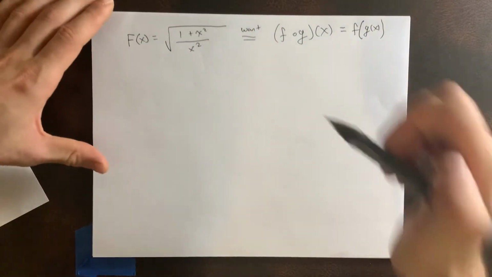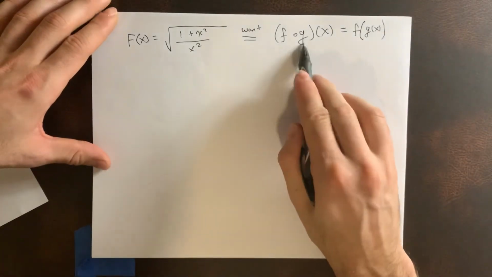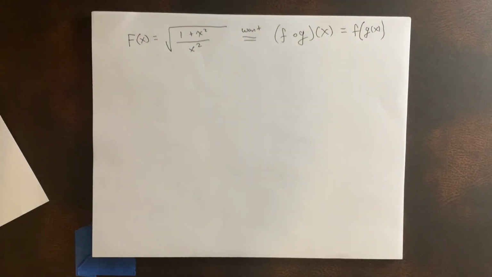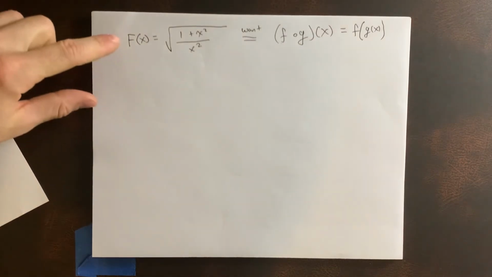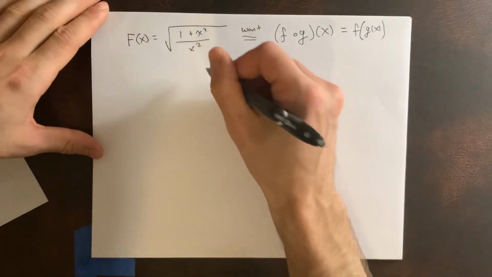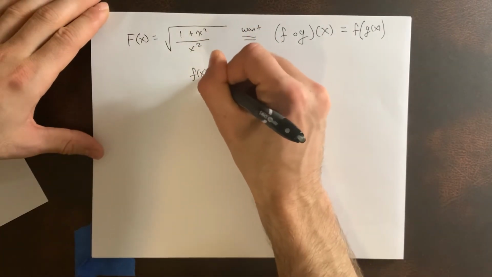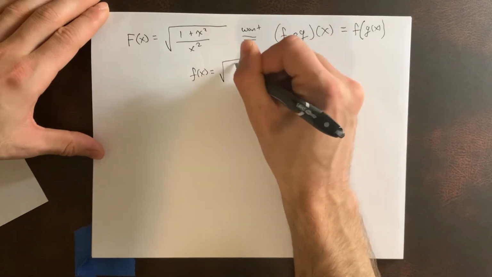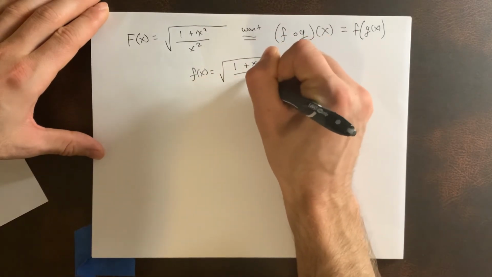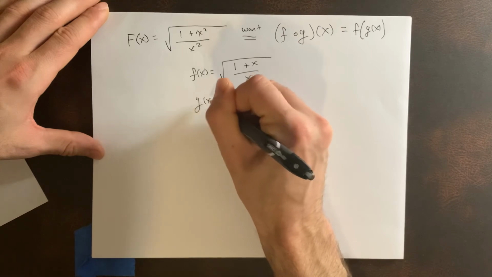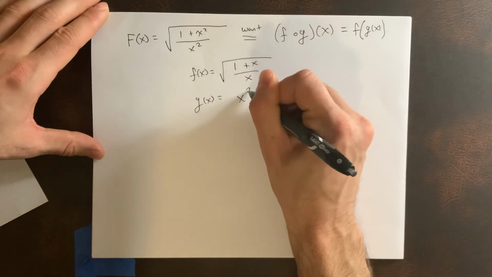So we're looking for this f and this g. So one way to do this is let's say that f of x is equal to the square root of 1 plus x over x. And let's say g of x is equal to x squared.